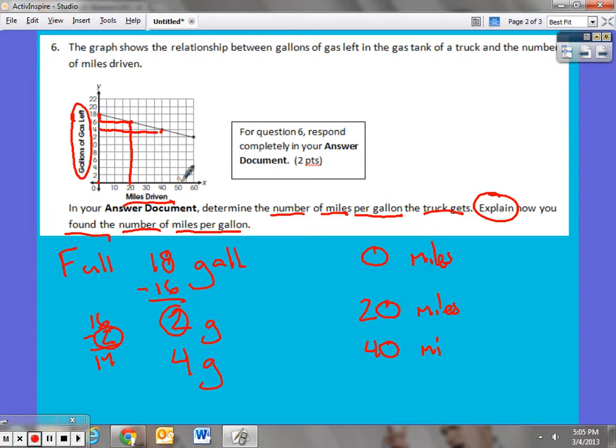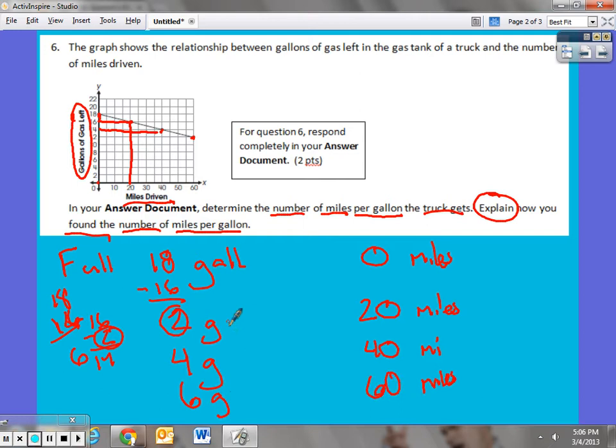Let's see here. When I've traveled 60 miles, I have 12 gallons of gas left. So 18 minus 12 gives me 6. So when I have 6 gallons of gas lost, I have traveled 60 miles.